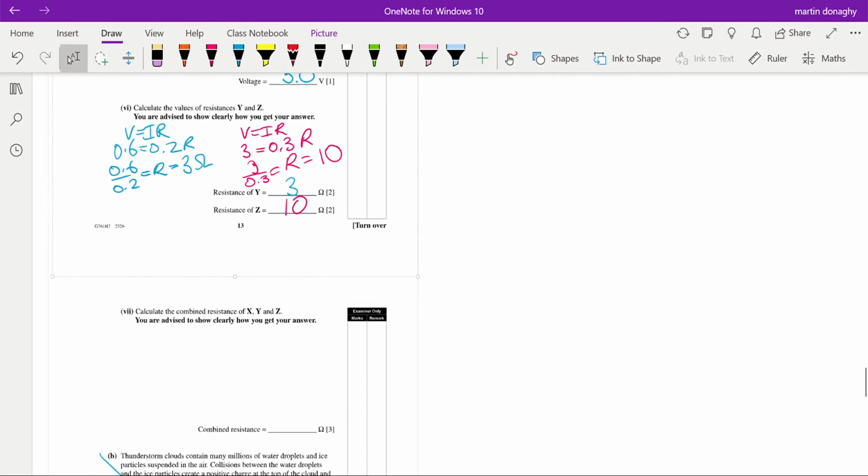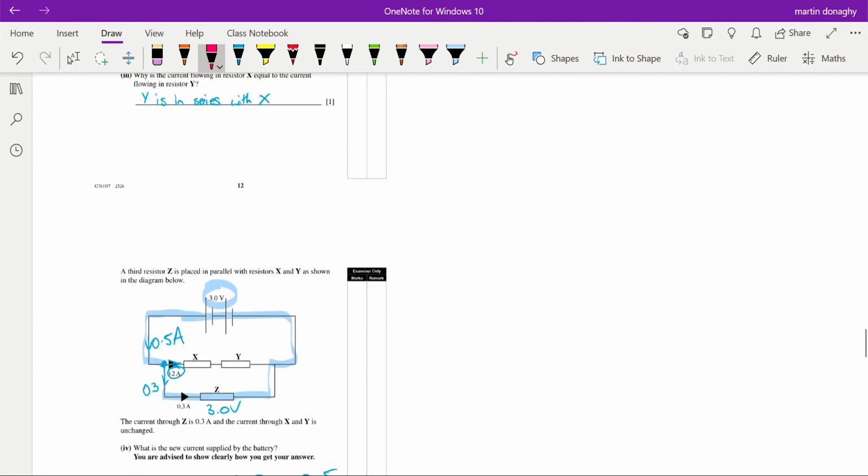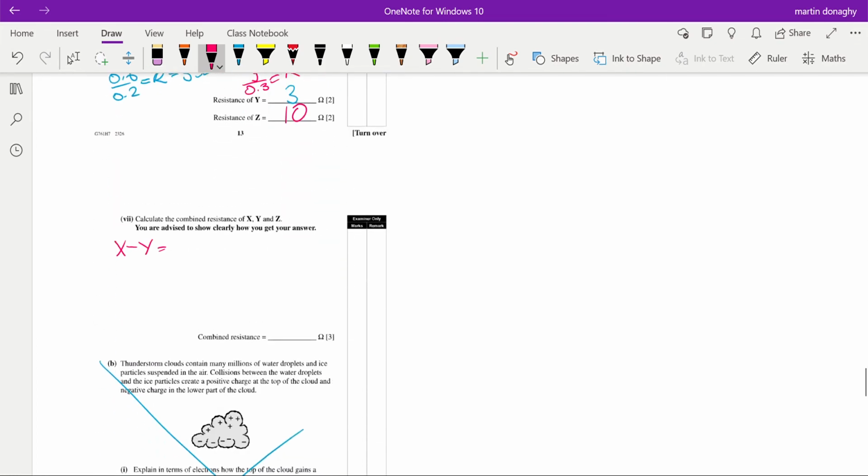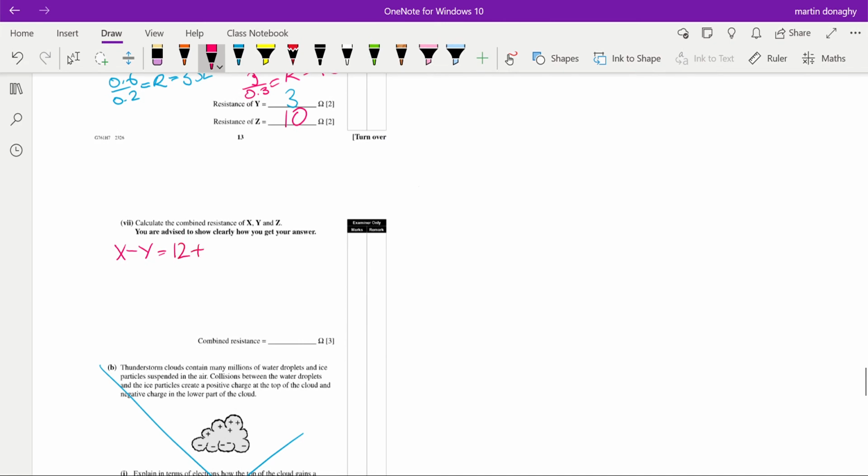Calculate the combined resistance of X, Y, and Z. Well, X plus Y: X was 12 plus the 3 from Y, which is 15 ohms. And then that would be in parallel with the 10 ohms from Z. So this is X and Y combined together.